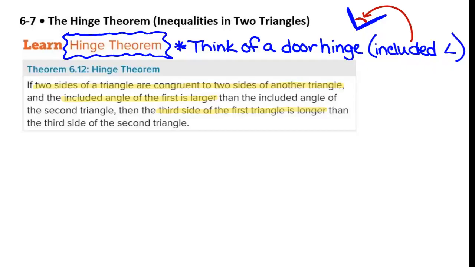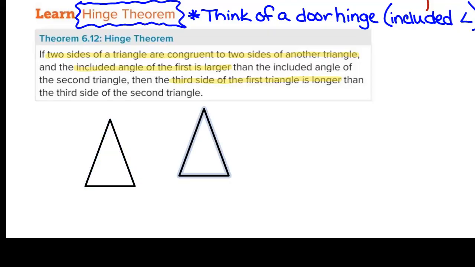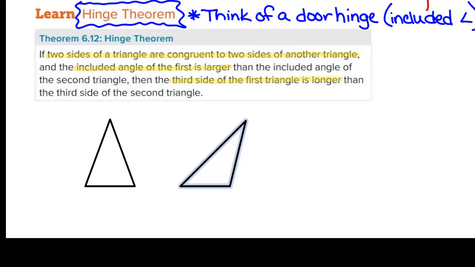So I want to draw a picture here to try to illustrate this point. All right. Try to do a halfway decent job here. So there's one triangle. All right. And we'll call this our second triangle.